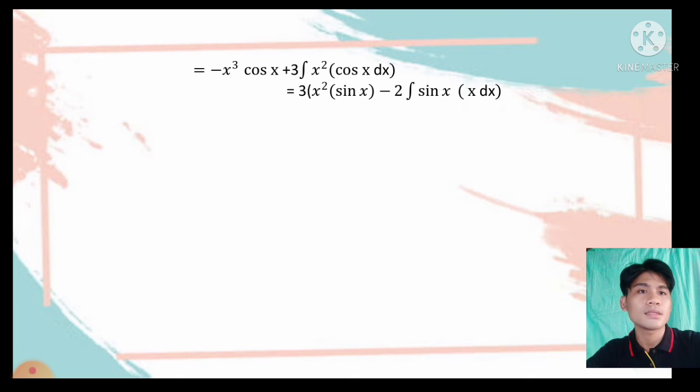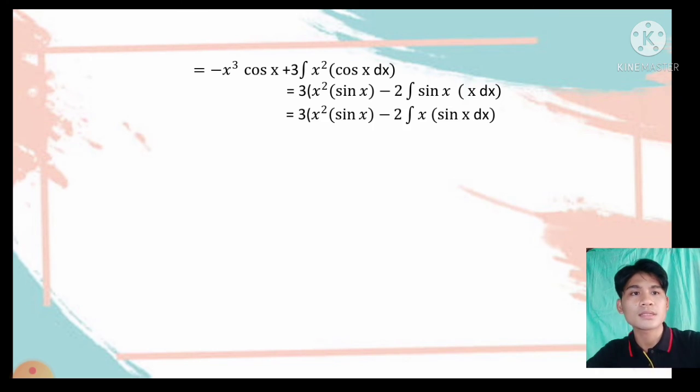Again, set aside and then copy 3 quantity of x squared sine x minus 2 integral of x sine x dx.